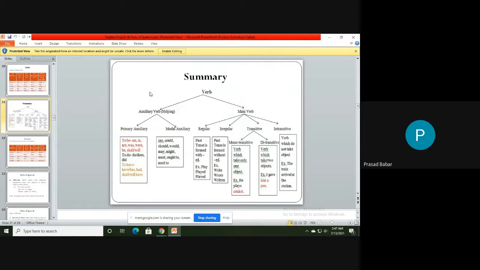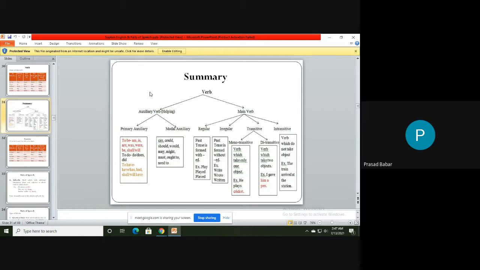And in the ditransitive verb, there come two objects in the sentence after the verb, and because of that we call that verb a ditransitive verb.